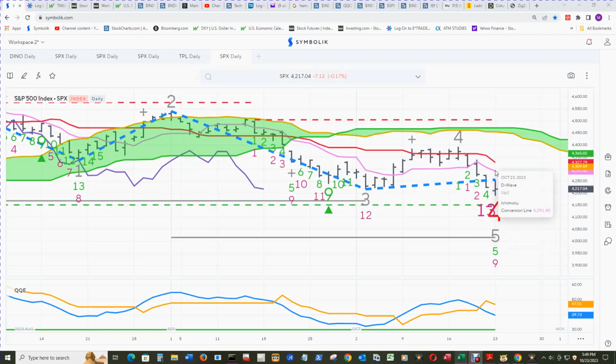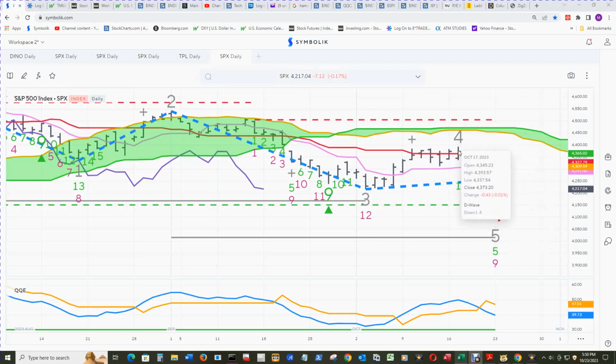Me, if I did that, which I'm not going to do, I would jettison it if it stalled at all at the conversion line 4291.90. So maybe a quick trade to make some quick money, but if it blasts above that and the baseline, it's worth holding on to see what happens.